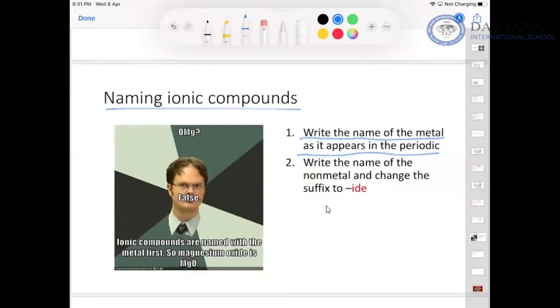For example, MgO: Mg is magnesium, so it is magnesium. Then you will write the name of the non-metal, but you will change the suffix into IDE. So O is going to be oxide, not oxygen.